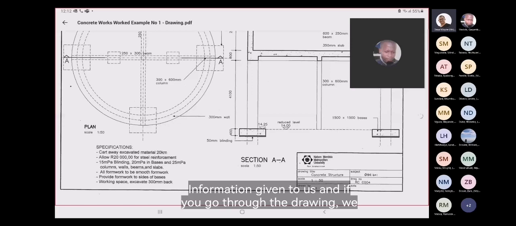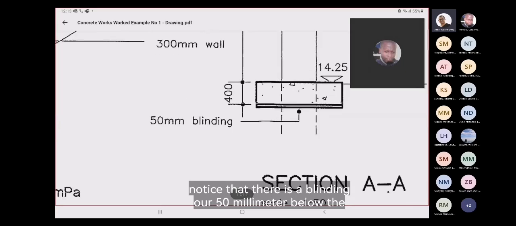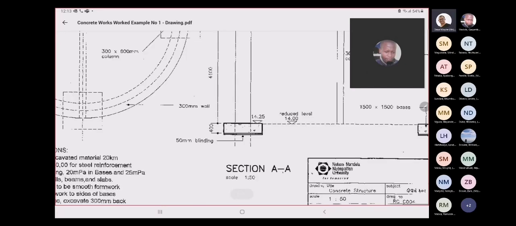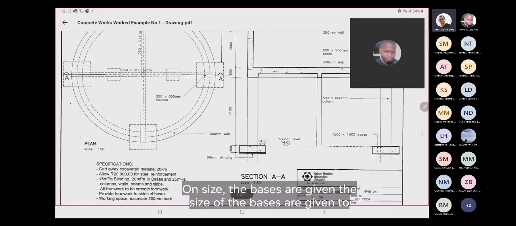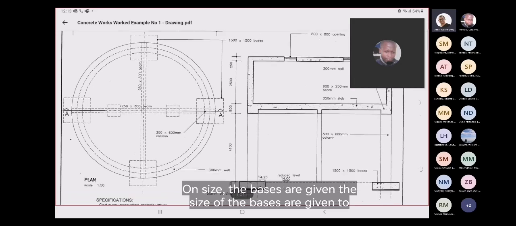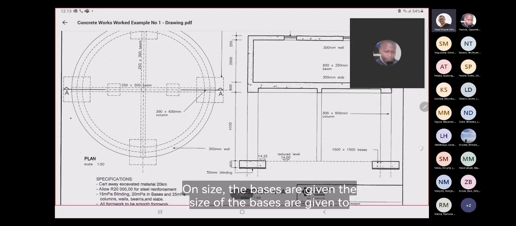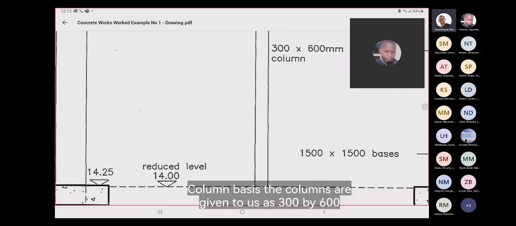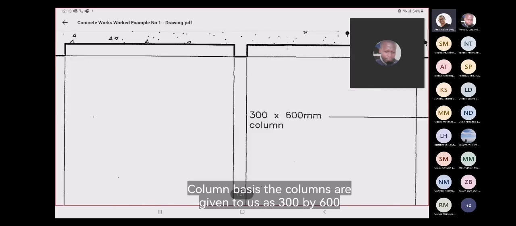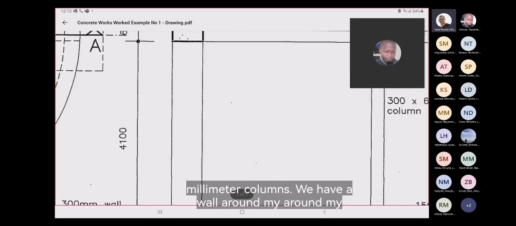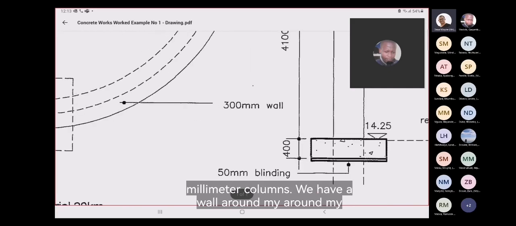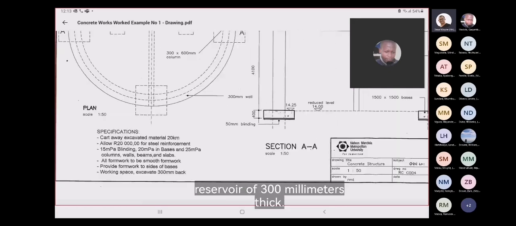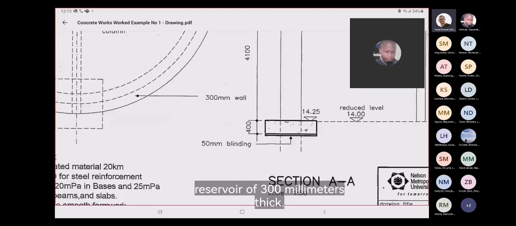Going through the drawing, we notice there is a blinding of 50 millimeter below the bases. The bases are given to us as 1500 by 1500 column bases. The columns are 300 by 600 millimeter columns. We have a wall around my reservoir of 300 millimeters thick.